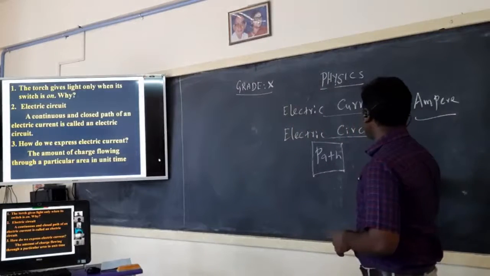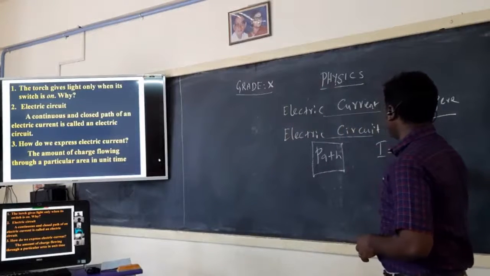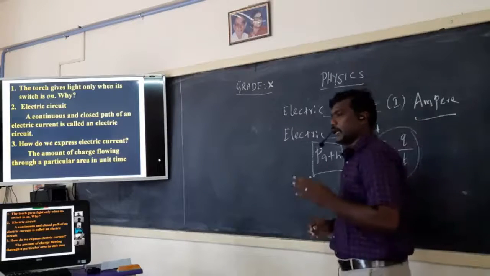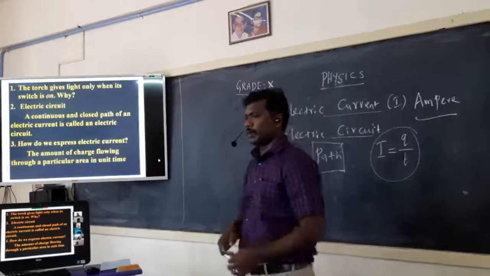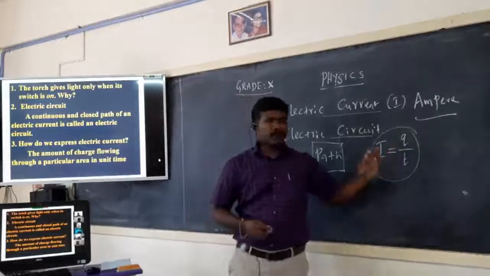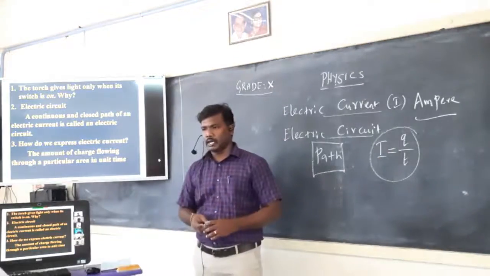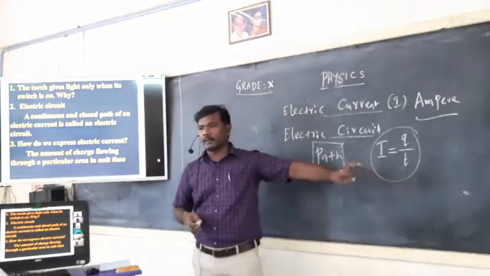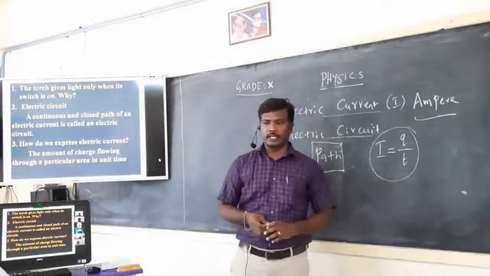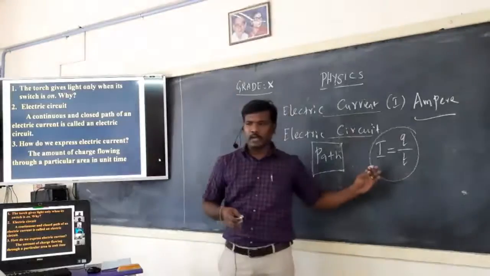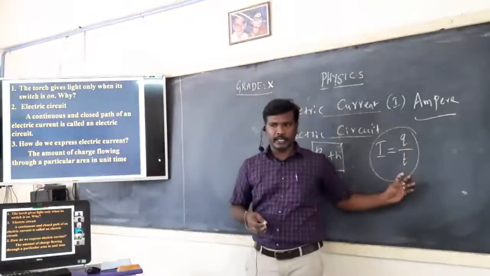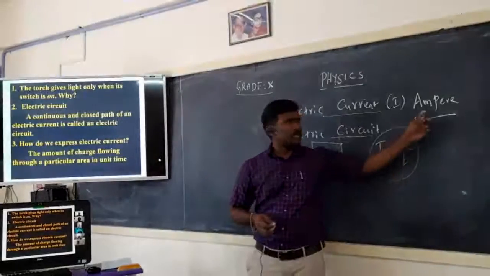The formula for electric current is I = Q/T. T is the time taken to cross a particular area, Q is the total amount of charge, and I is the net current passing through the particular electric circuit. So this is the formula used for electric current. I = Q/T, and the unit for I is ampere.